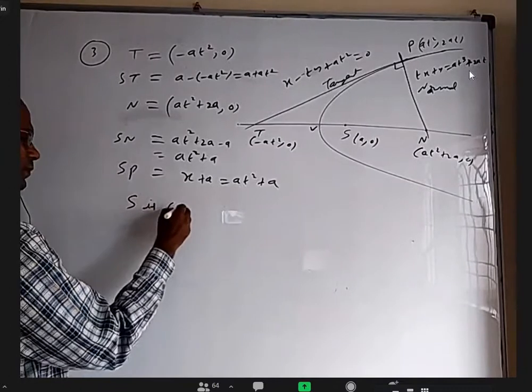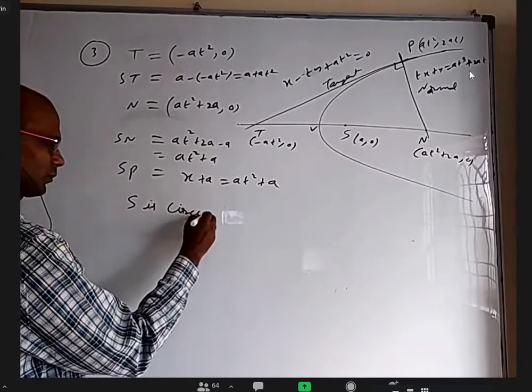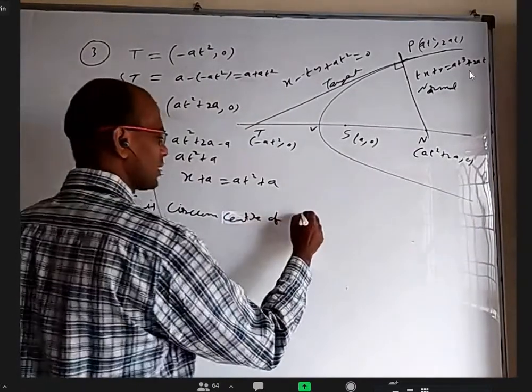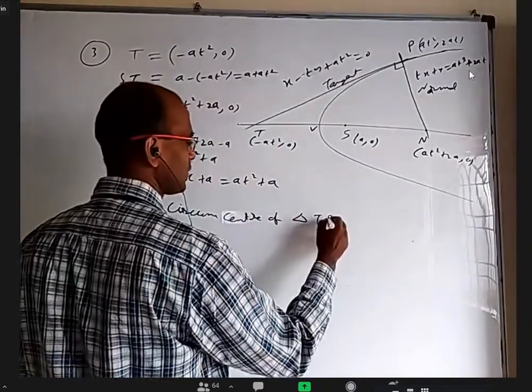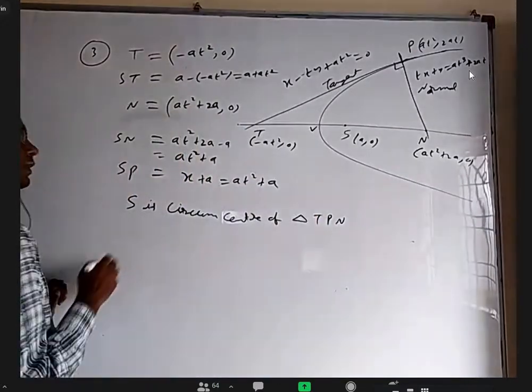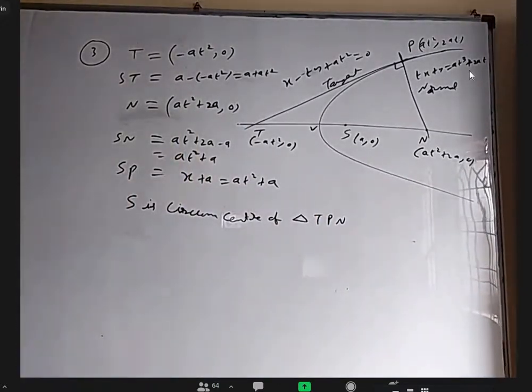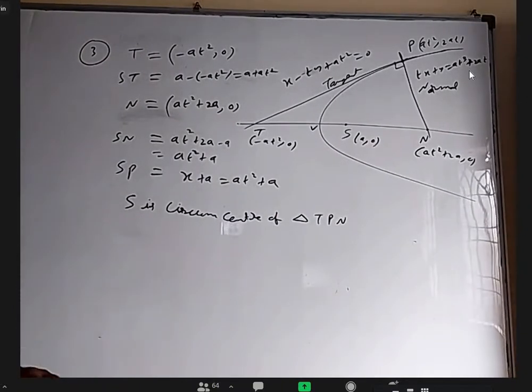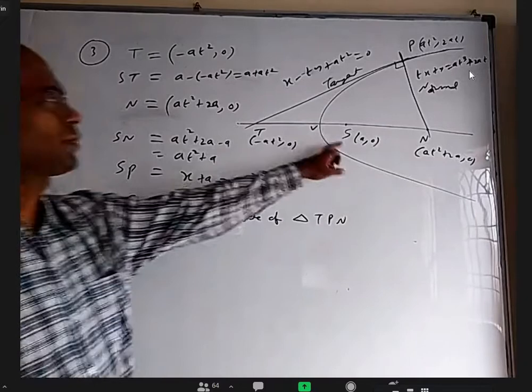S is the circumcenter of triangle TPN. Yes. This is a right angle triangle. For a right angle triangle, where is the circumcenter? Midpoint of hypotenuse, right?